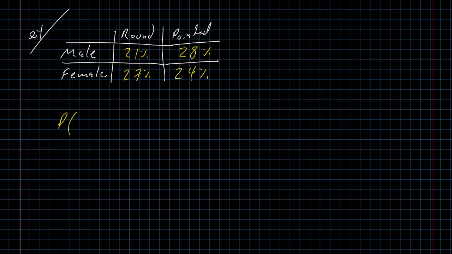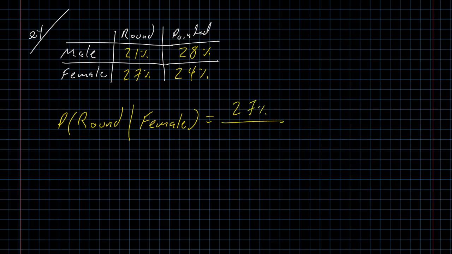If I want to calculate the probability that the finch I spot has a rounded beak, given that it was female, well, the formula told us that's the probability of round and female, 27%, divided by the probability of female in general. Well, that's either the round, 27, or the pointed, 24.